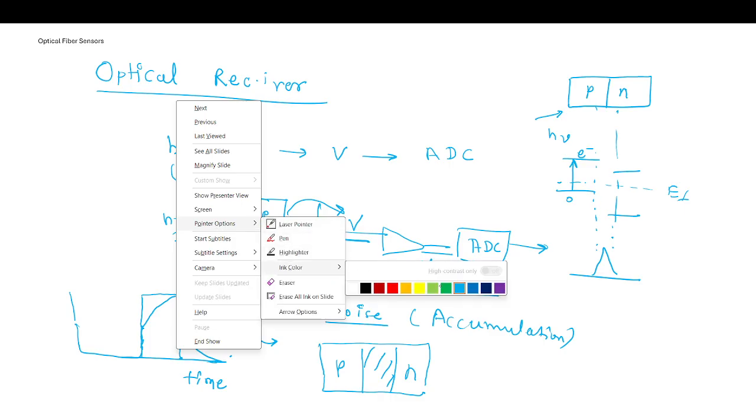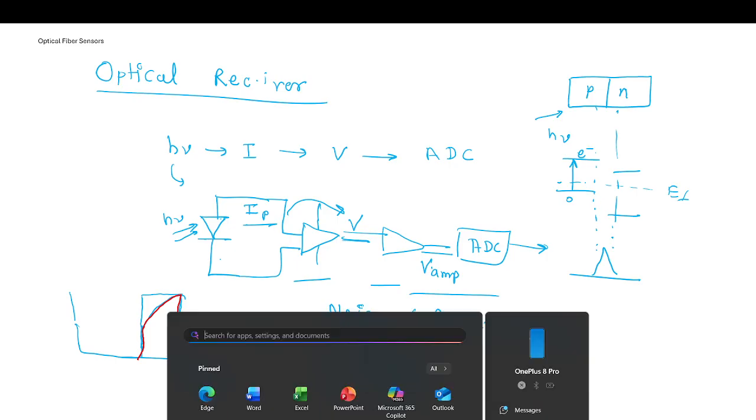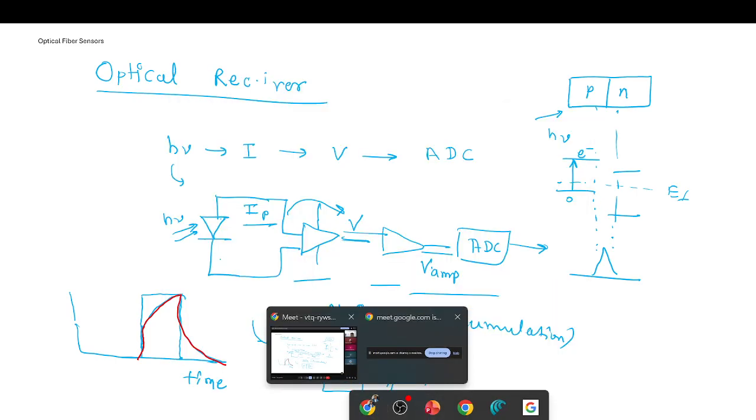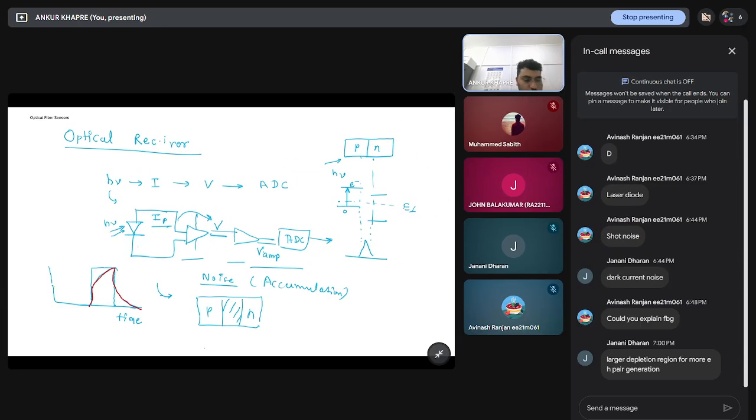Type in the chat box also, it's okay for me. Let me check the chat box. Guys, type what is the reason.